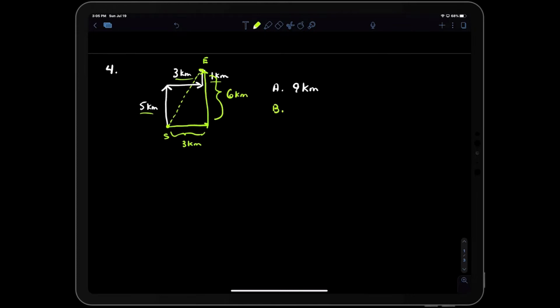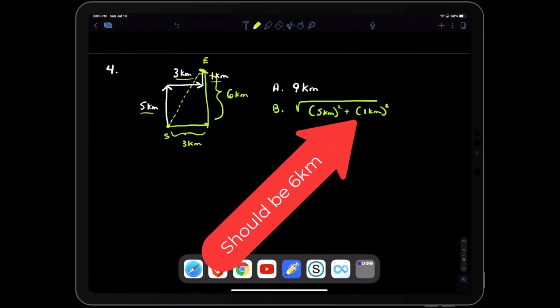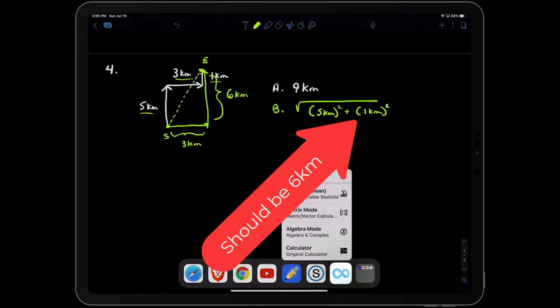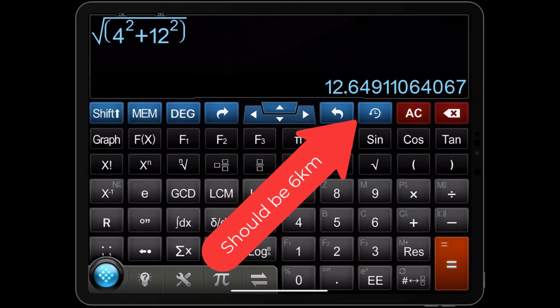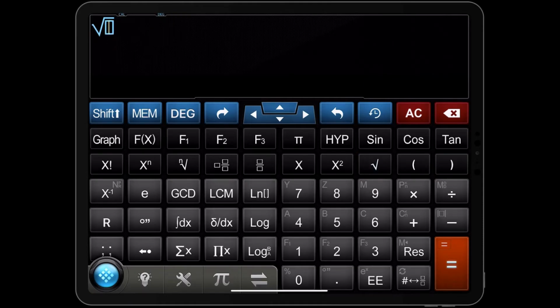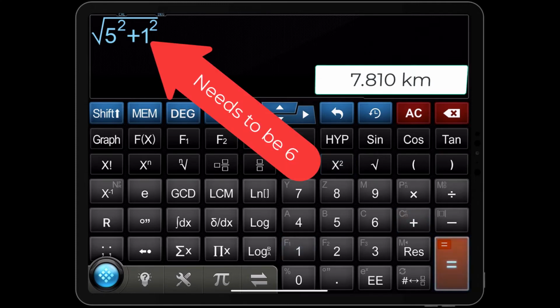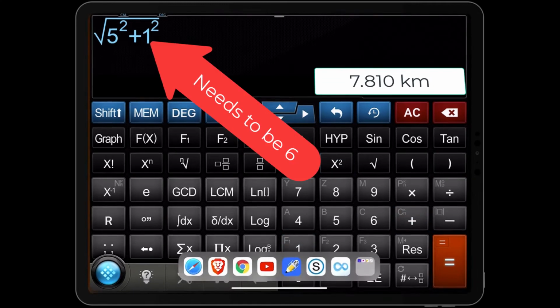So we'll use the Pythagorean theorem, where we'll take the square root of 5 kilometers squared plus 1 kilometer squared, and we will come up with, as soon as I get my calculator going, 5 squared plus 1 squared equals, we have 5.1 is what we'll go with.